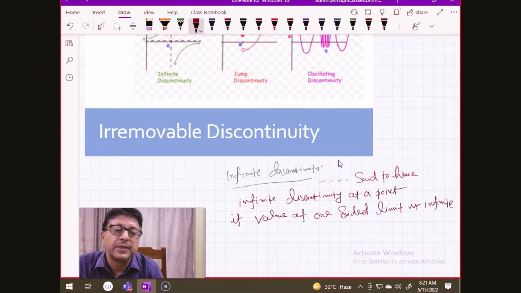Then it is said to have infinite discontinuity.